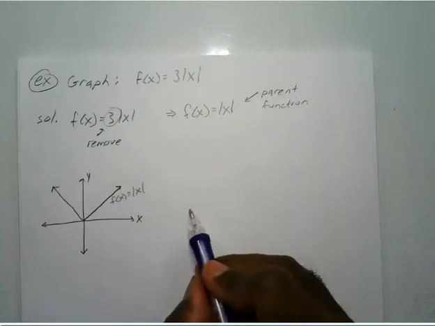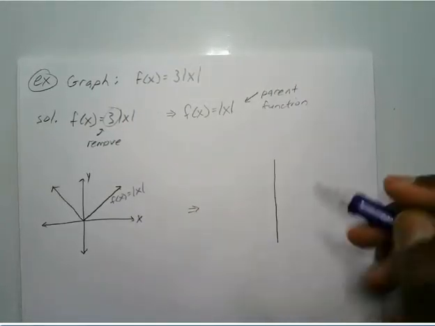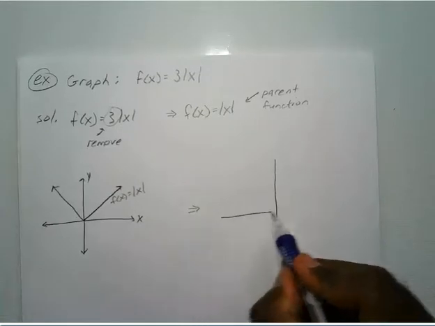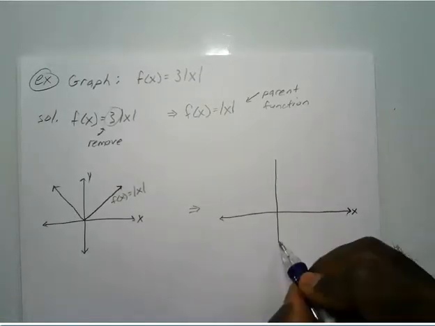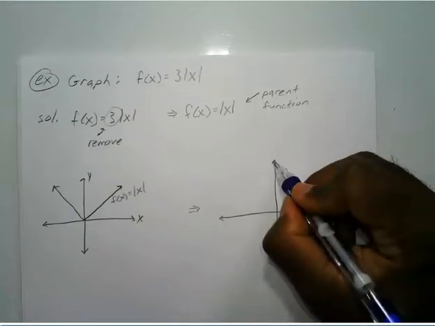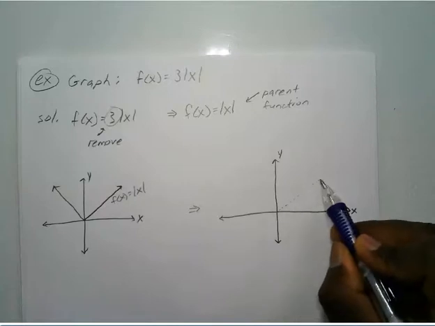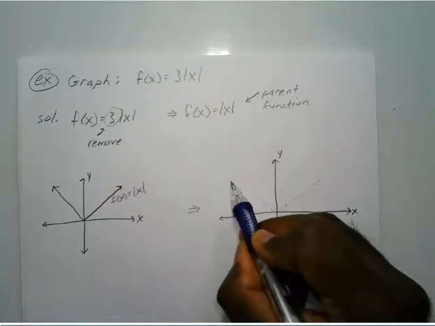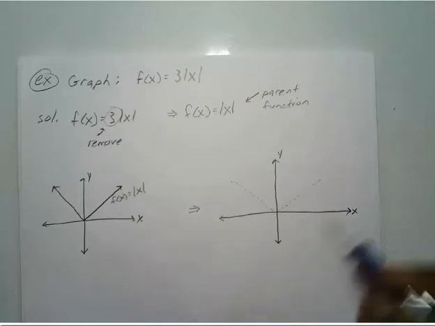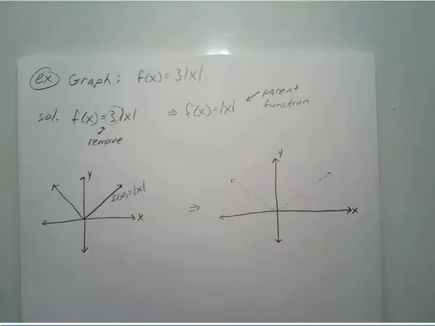Okay, so if we draw our xy axis again, we have our x, and we have our y axis, and we're going to draw our little dotted absolute value of x, just to show you what we mean by stretching vertically.